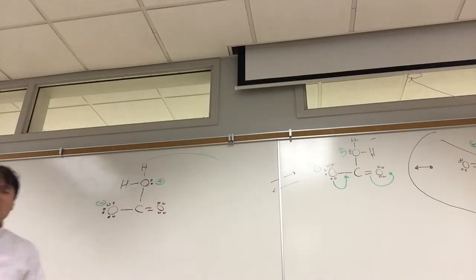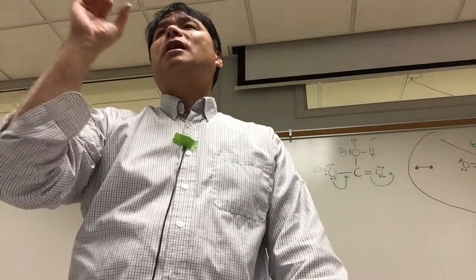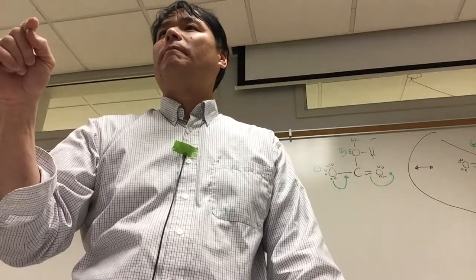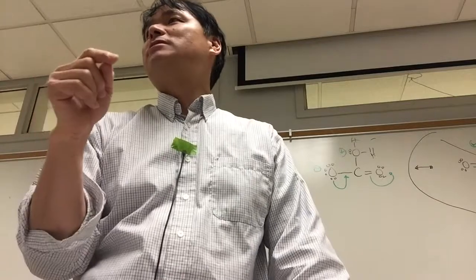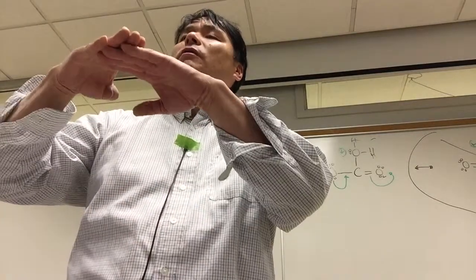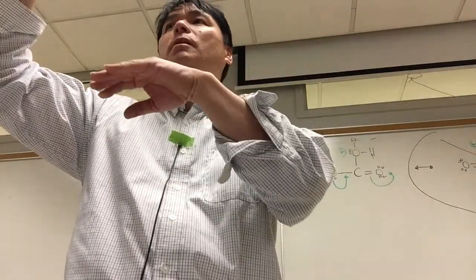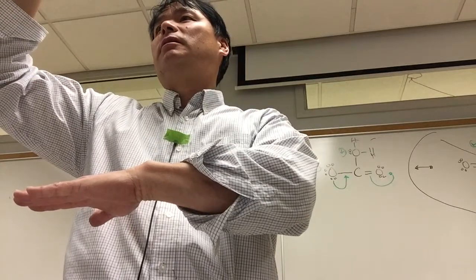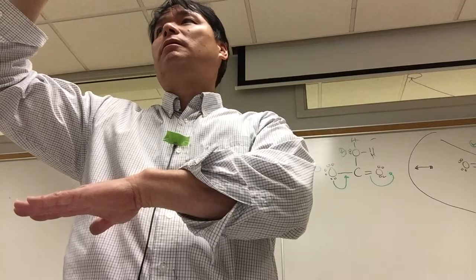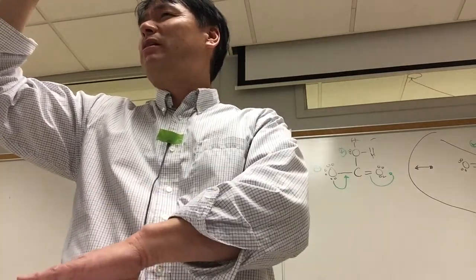Now, Pauling's electronegativity works like this. What is oxygen's electronegativity? Oxygen's electronegativity is 3.5, right? Do you know fluorine's electronegativity? 4. So fluorine has the highest electronegativity at 4. Excuse me. What's the lowest electronegativity? Zero? Negative 4?